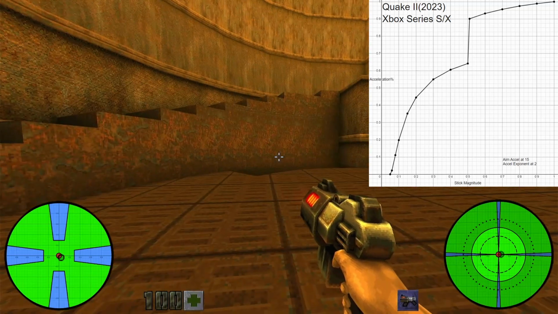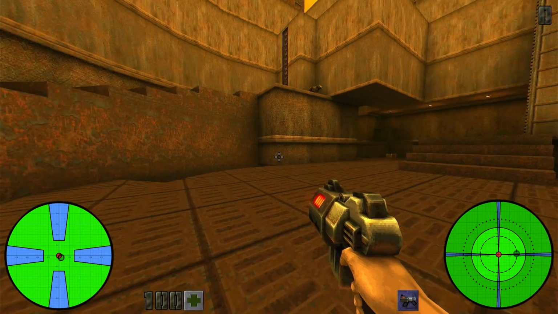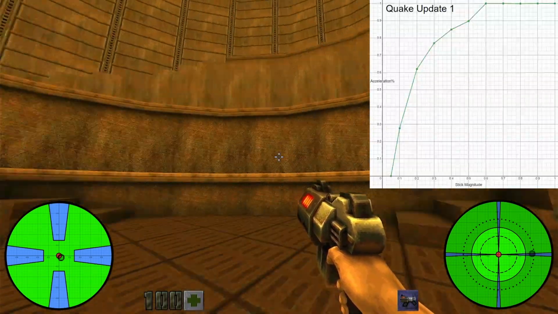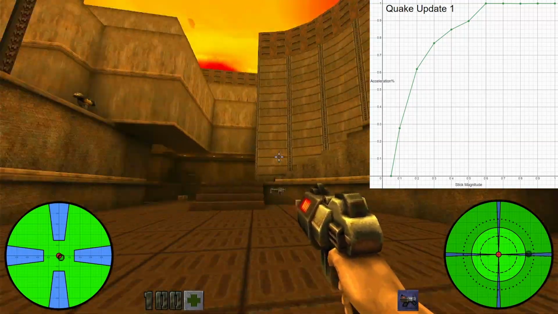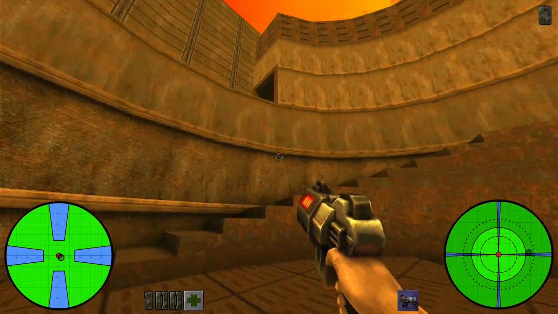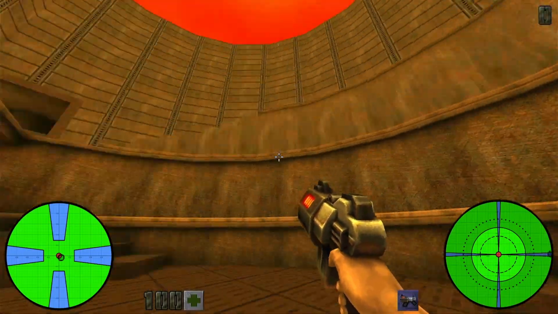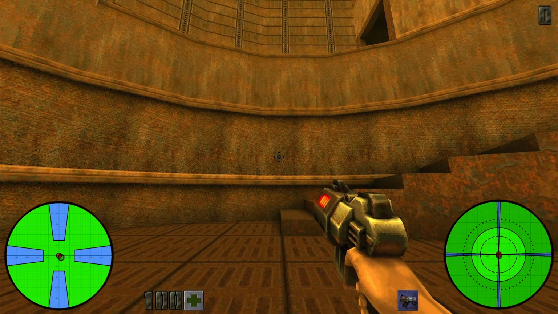Now again, I just said that at 0 aim accel, there's no additional speed with stick input. So if you're not using aim acceleration, this would be completely flat and a functional outer dead zone. So this would mean that half your stick range of motion actually isn't doing anything, and actually a bit more than that, because you have the center dead zone not doing anything.